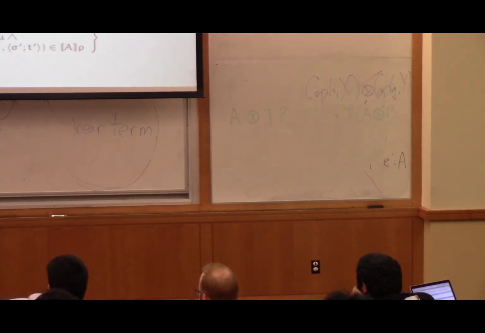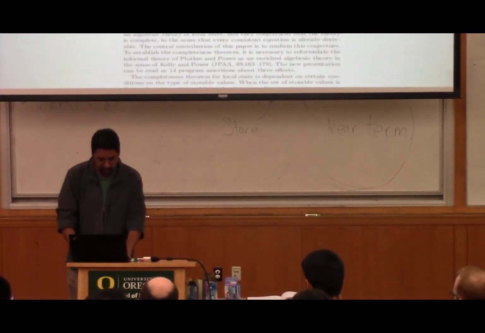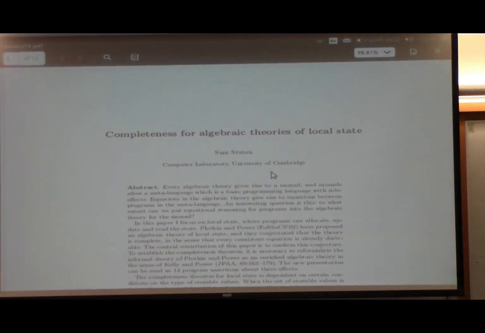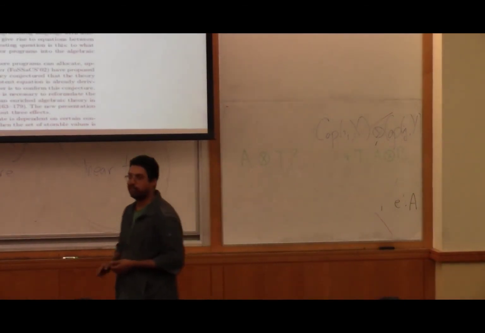I want to recommend one paper to you, which is Sam Staton's Completeness for Algebraic Theories of Local State. Sam is an extremely nice person, but he's also one of these terrifying super geniuses.